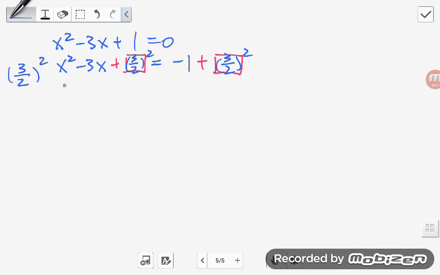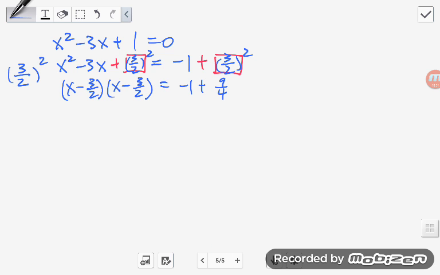Now, the last step would be, negative 1 plus 3 over 2 squared gives us 5 over 4. And on the left hand side, x times x gives us x squared. And 3 over 2 times 3 over 2 will give me 3 over 2 squared. Now, this is a negative, so just put negative for both of them.